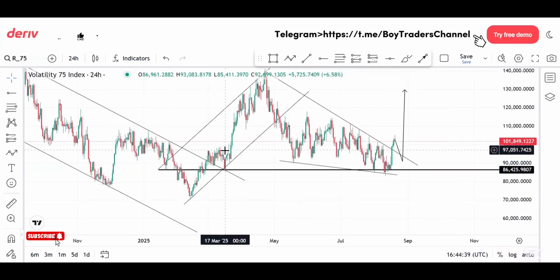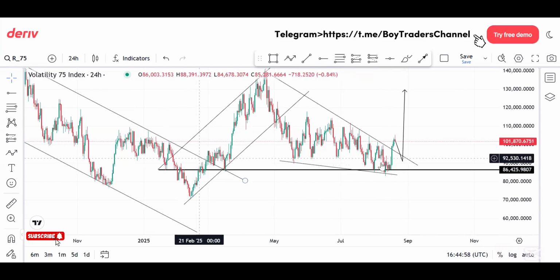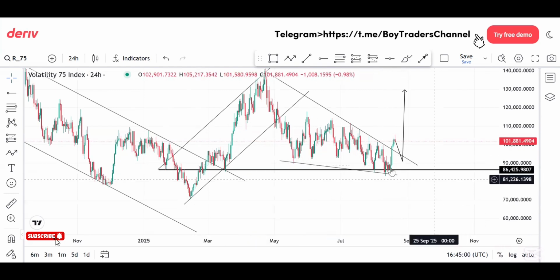The second reaction was on the 17th of March, about 2 months after. The next one was 31st July, about 3 months after. Next one here, 13th August. So these are historical levels. We've had price react on these levels in the past, so there's always a possibility of seeing another reaction whenever price gets to this level, based on past histories.